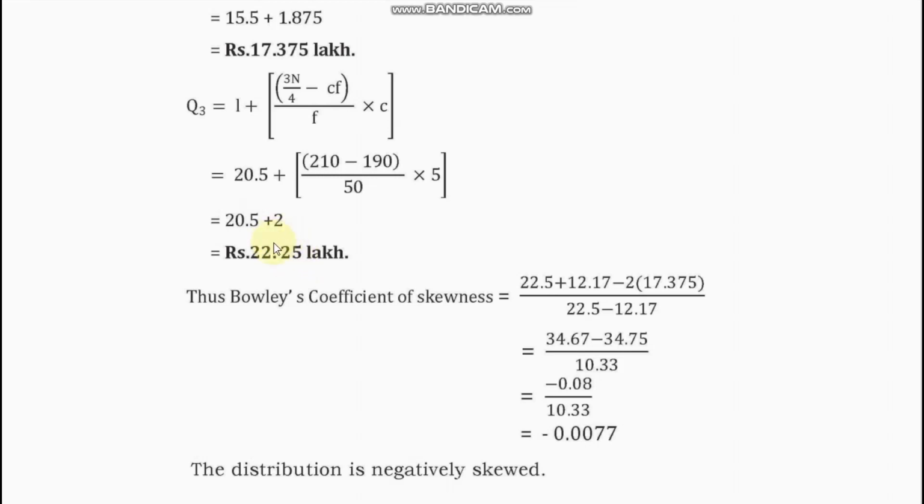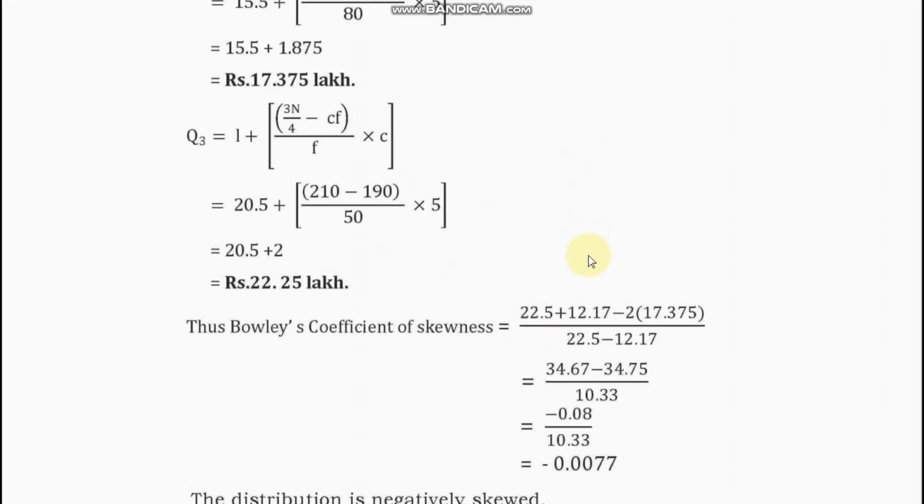Bowley's coefficient of skewness is given by Q3 plus Q1 minus 2 into Q2, divided by Q3 minus Q1. So 22.5 plus 12.17 minus 2 into 17.375, divided by 22.5 minus 12.17.